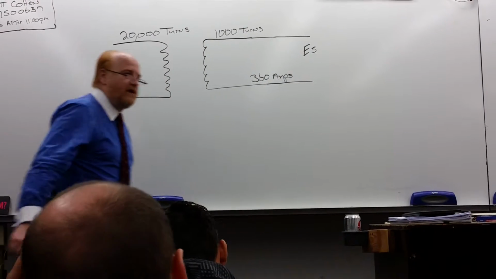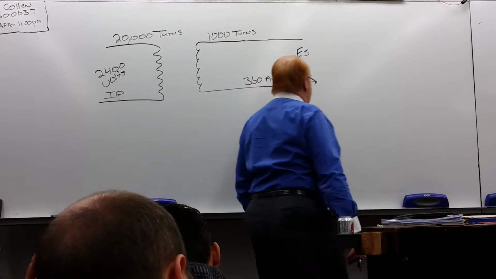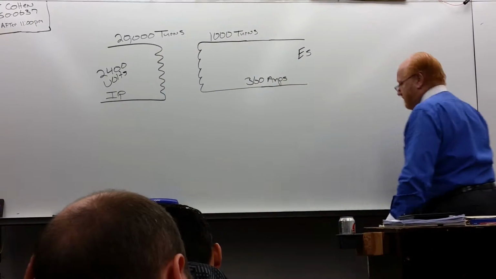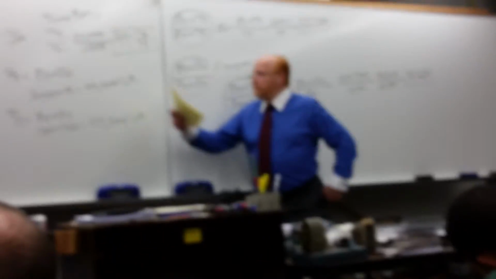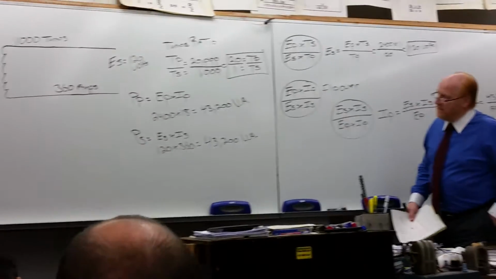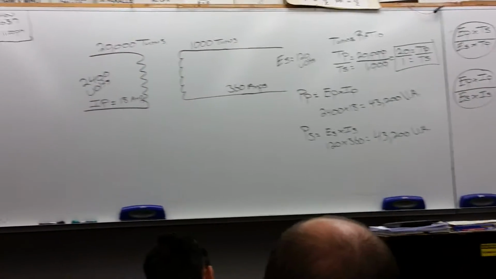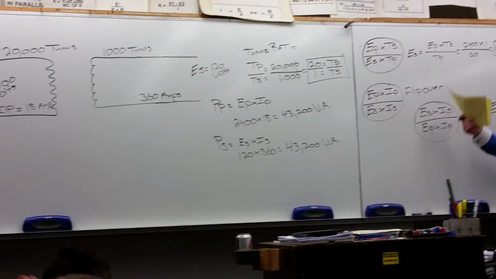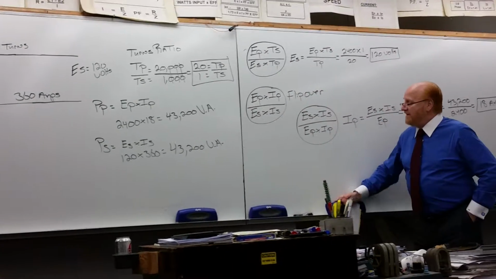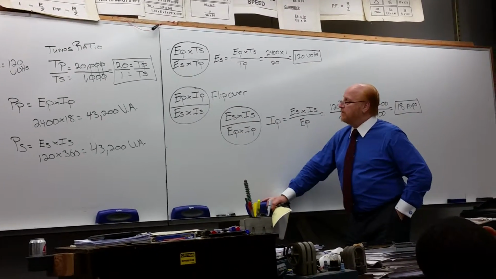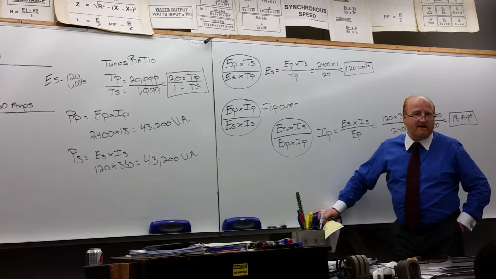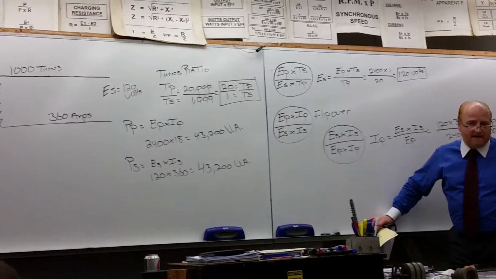Take a moment and work it out yourselves right now. I'll work it out also, and then we'll review it together. We broke our turns ratios down. They wanted to find the voltage on the secondary side. We wrote our formula. We took out ES. ES equals EP times TS over TP.